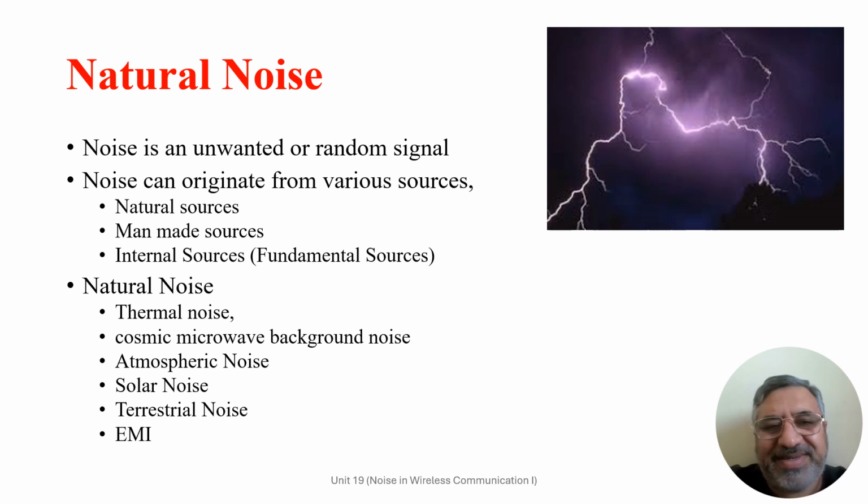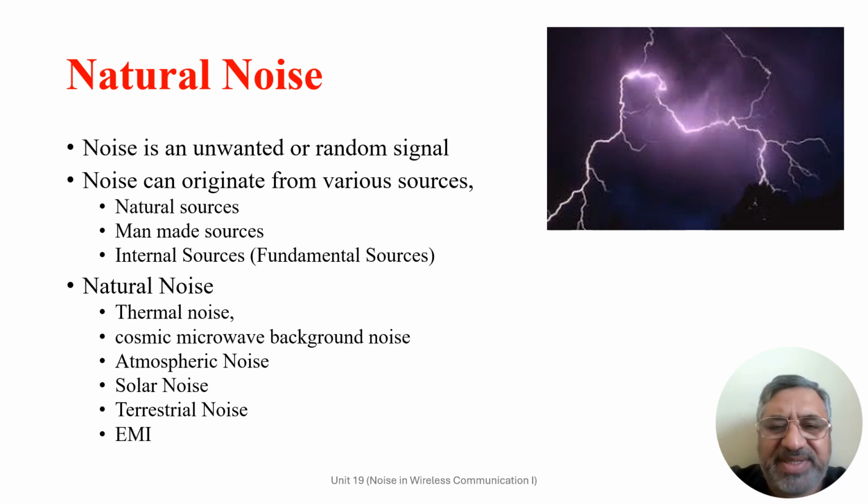Wireless communication noise, which is an unwanted signal, can originate from various sources, including natural sources, electronic components, and external threats. Some common sources of noise in wireless communication systems can be classified as natural sources, man-made sources, or fundamental sources.